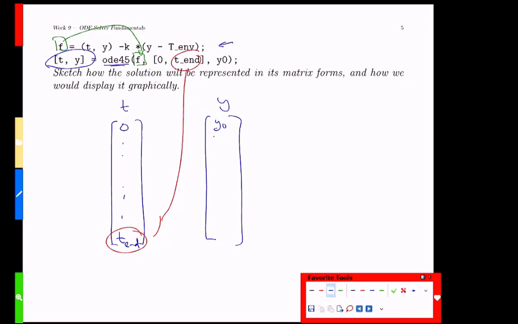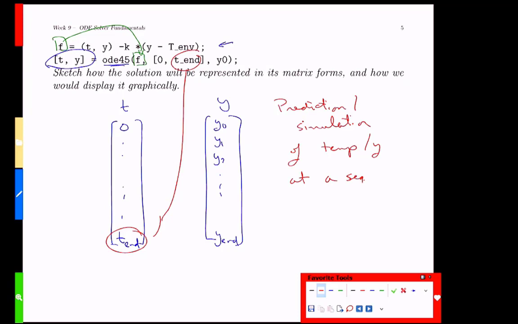So then we're going to get y, we're going to call it y1, y2, down to y end. So a prediction or a simulation of the temperature y at a sequence of time values.